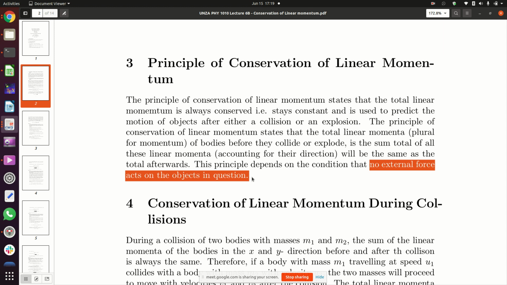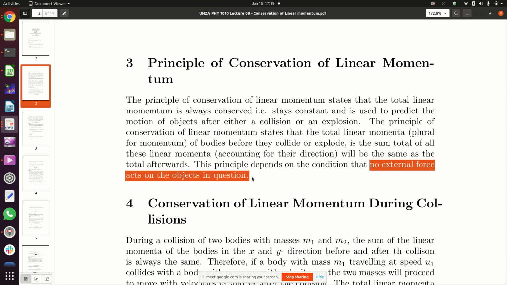The reason really is because if you have an outside force or an external force, that external force is going to change the velocity of any of these objects we're interested in. So for this principle of conservation of linear momentum to work, there should be no object experiencing a resultant force. If there is no object experiencing a resultant force, then it means that these objects are going to move with constant velocity.